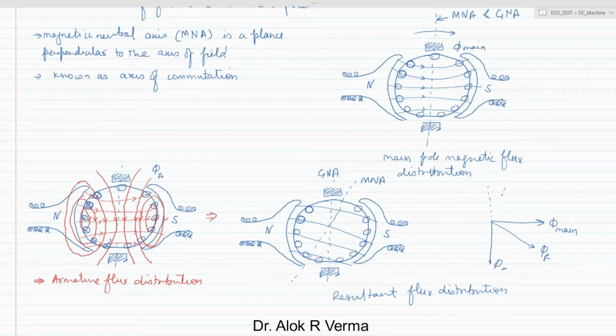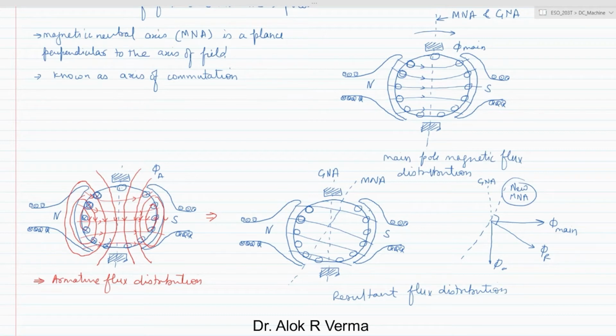The perpendicular axis to this is this. So this is the geometrical neutral axis, and this is the new magnetic neutral axis. So you can see there is a tilt. Earlier both were coinciding. Now the MNA and GNA are not coinciding. So this effect is known as the armature reaction.